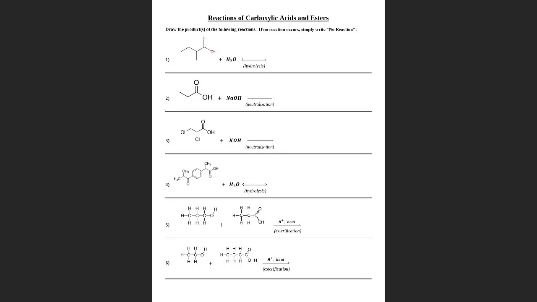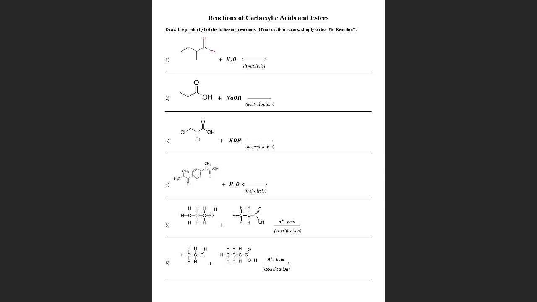Now, with the carboxylic acid, hydrolysis is just a reaction with water. Lysis means splitting, so hydrolysis is water splitting. I guess you can think of it like that. It doesn't necessarily always split water though, and I'll show you what I mean by that. As you may remember from earlier on, an acid is a proton donor, and a base is a proton acceptor.